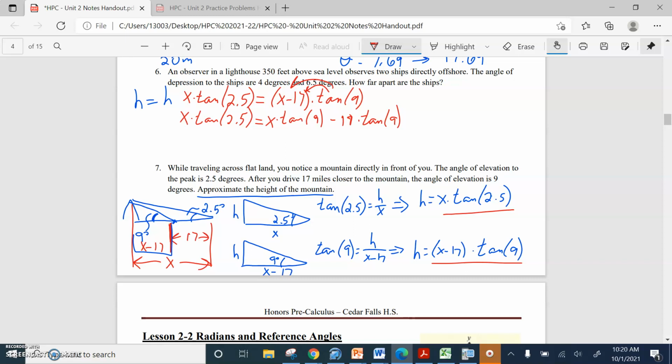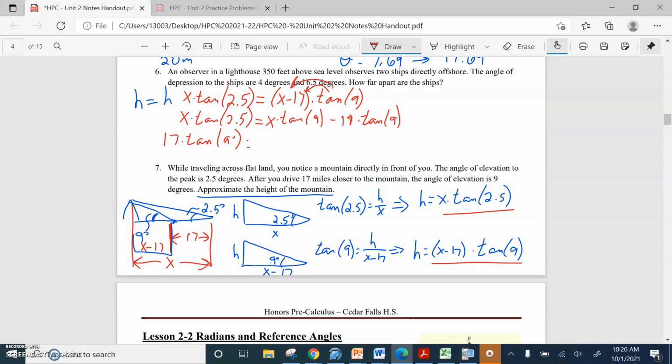So let's do that by saying we're going to add 17 tan 9 to both sides so that it becomes positive. I'm also going to subtract x times tangent 2.5 from both sides.